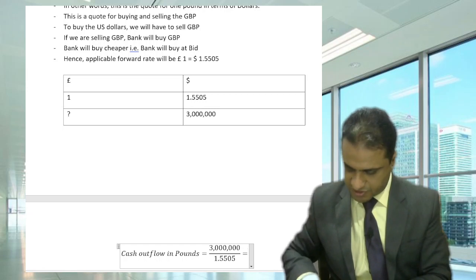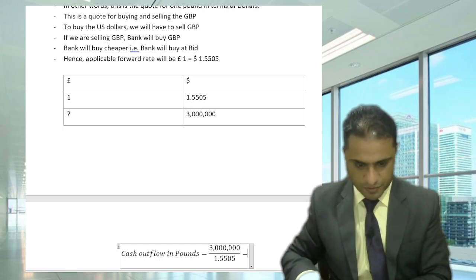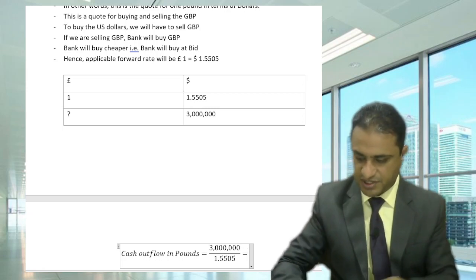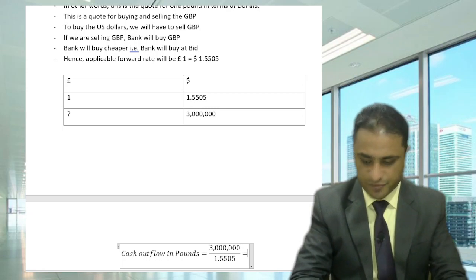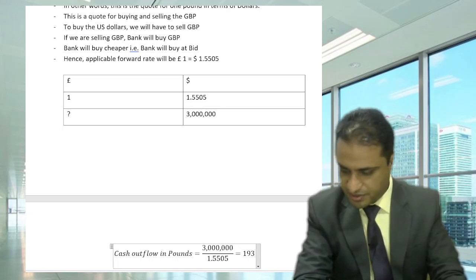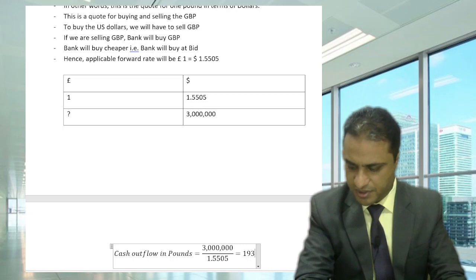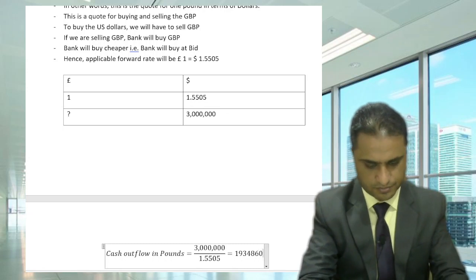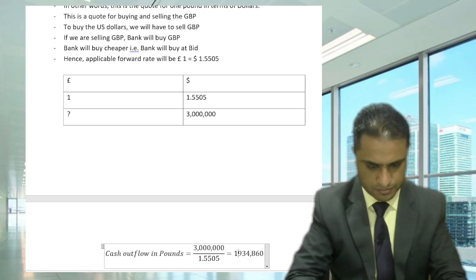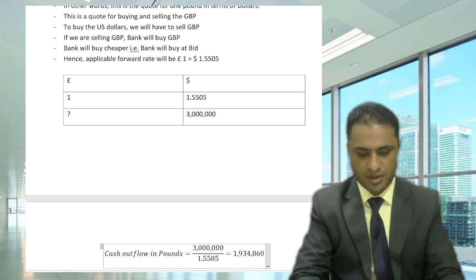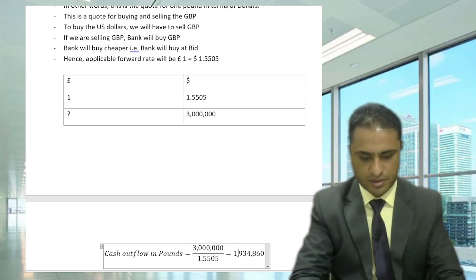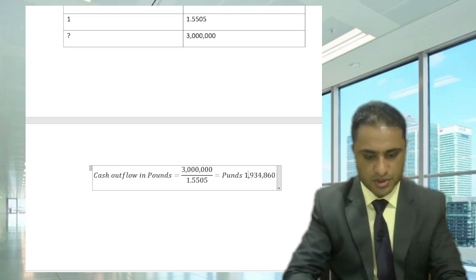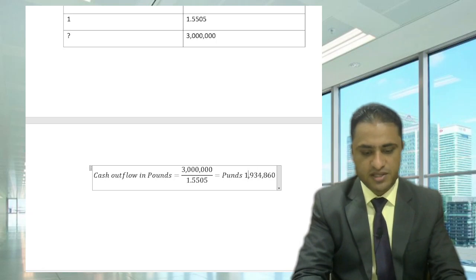It's 3,000,000 divided by 1.5505, and your answer will be, your cash outflow when you use the forward will be 1,934,860 pounds.